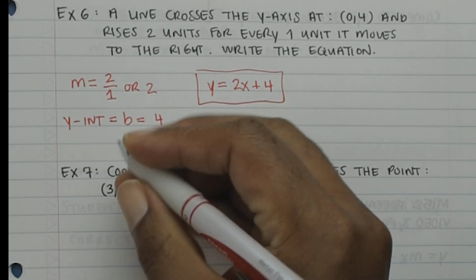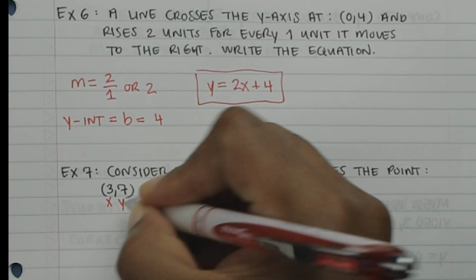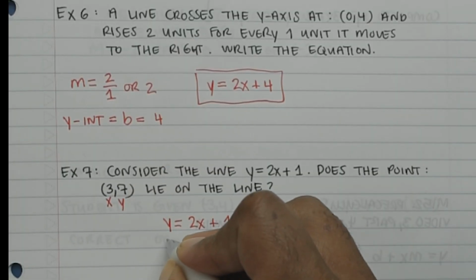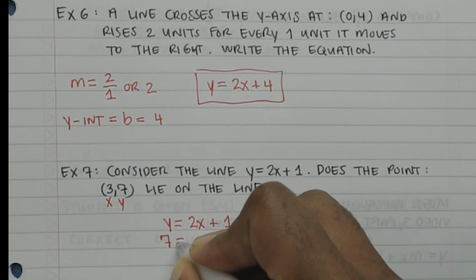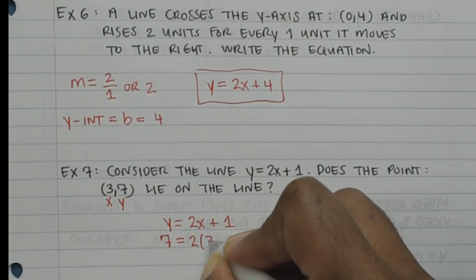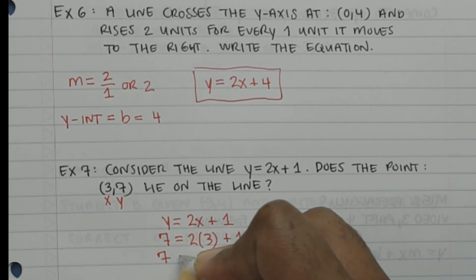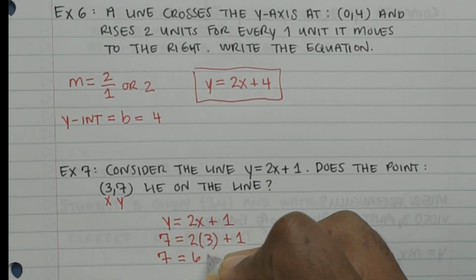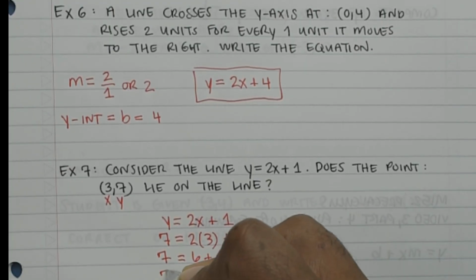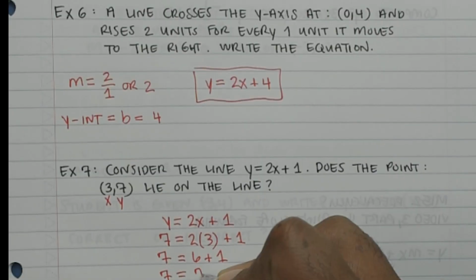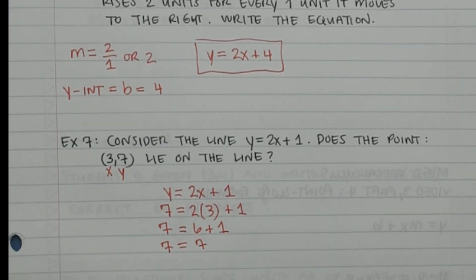So we have x equals 3, y equals 7. 7 equals 2 times 3, plus 1. Computing it, we have 7 equals 6 plus 1. We have 7 equals 7.